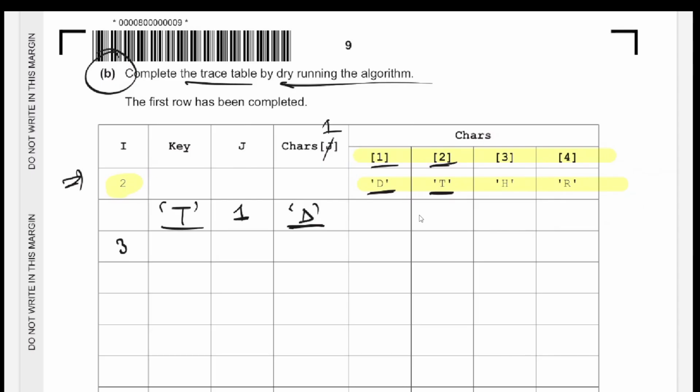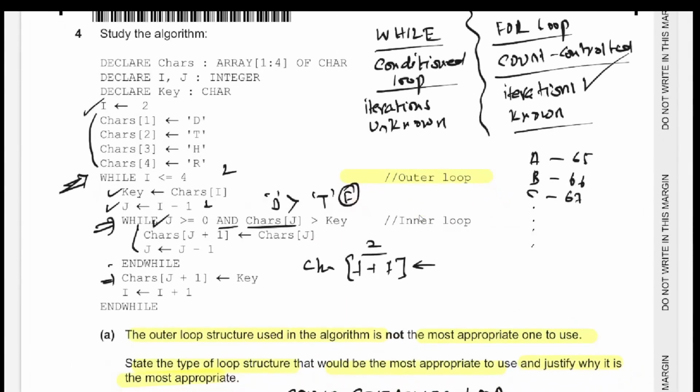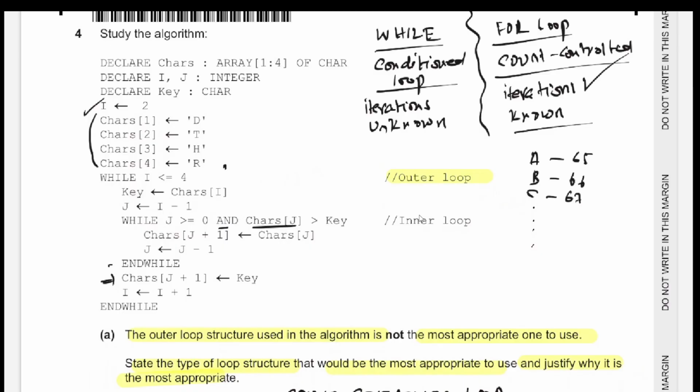It is 3, and when it is 3, we again start from the beginning, again from here. So 3 is less than or equal to 4, so it is correct. Now this time char[3] becomes the key.